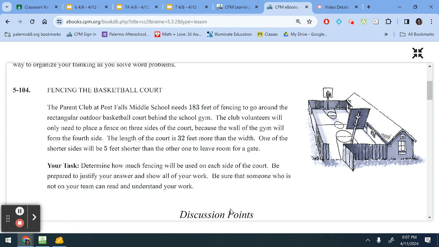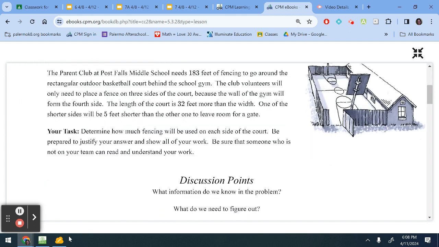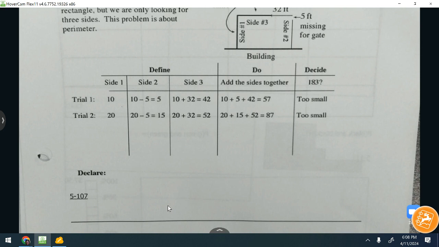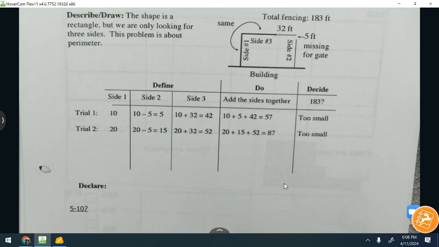So they don't want to know just how long the side with the 5-foot gate is. Oh no, they want all 3 sides. That's important because some problems don't ask you to do all of it. So it's important to know what it's asking us. Okay, so that's what this is all about.